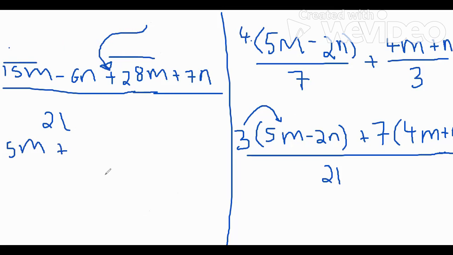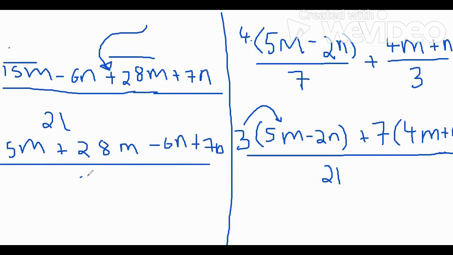Take note here. So that's going to be plus what? 28m. And then we have minus what? 6n. Plus what? 7n. All over what? 21.